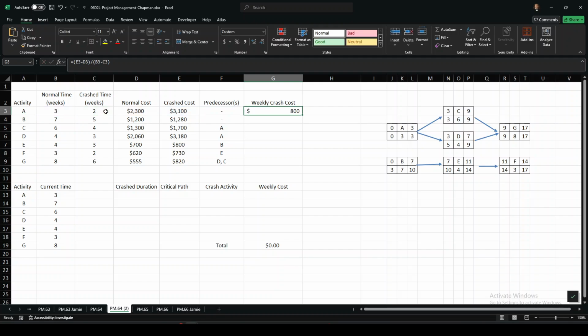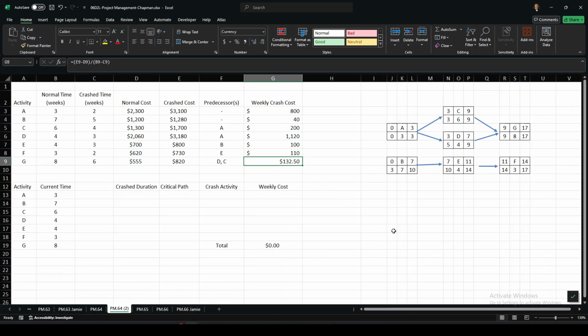So once we have our crash cost here, we can copy this down for each one of these activities. We have an $800 crash cost for activity A, and so forth all the way down to activity G, which is $132.50.